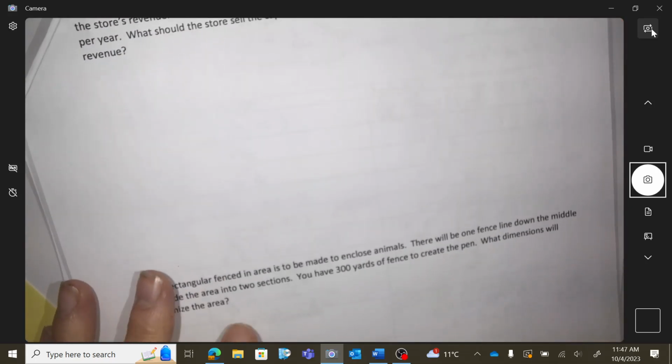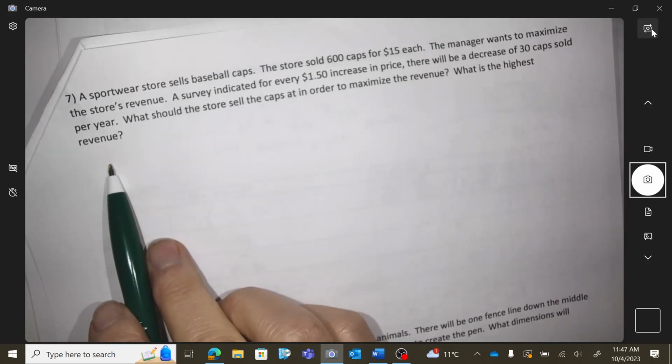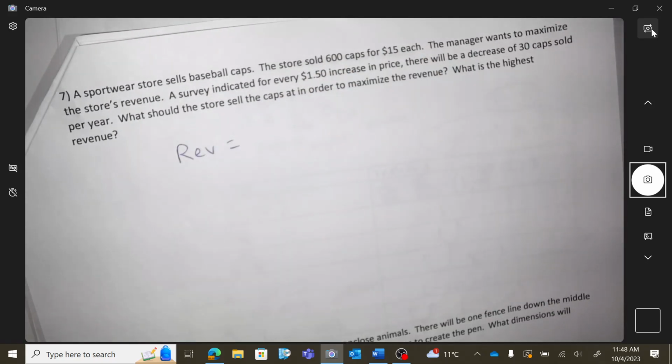Okay, so a sportswear store sells baseball caps, and they're trying to make revenue from selling baseball caps. Okay, so the revenue, and we're selling baseball caps.